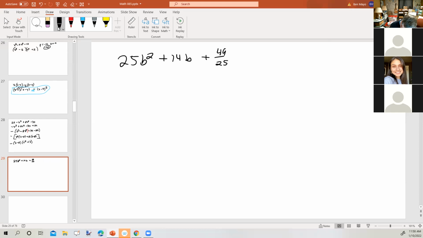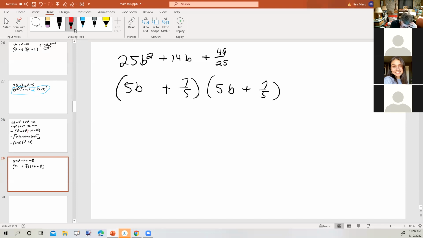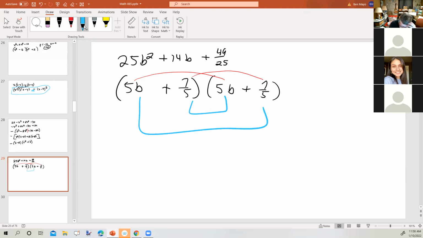So what's that going to look like? 5b, 7/5, 7/5. My middle term is positive, so that would have to be plus. Well, that gives me 25b squared and 49 25ths at the end. Does it give me 14b in the middle?